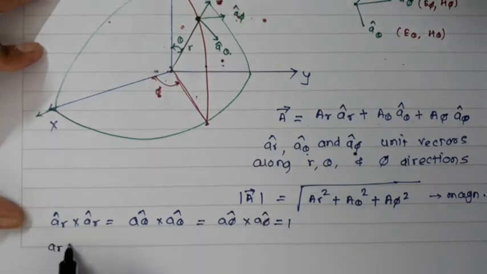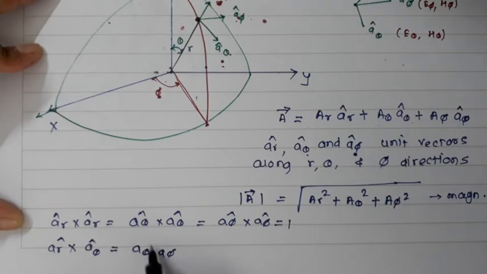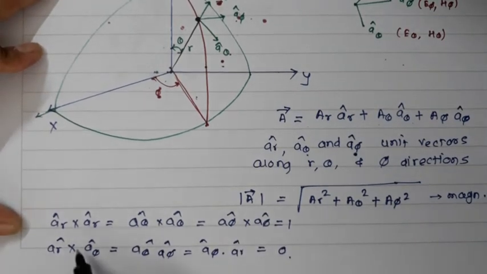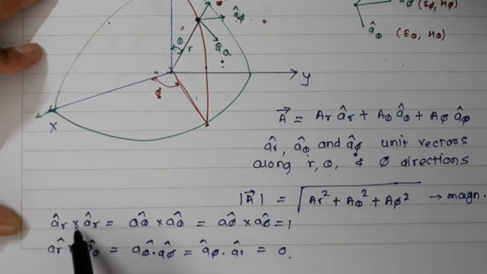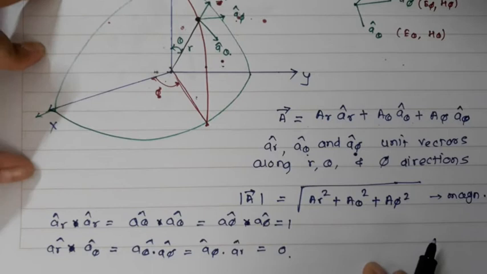Otherwise, if you multiply with another unit vector, like a_r with a_theta, a_phi, the multiplication will be 0. This is the meaning of orthogonality. So they are orthogonal to each other.